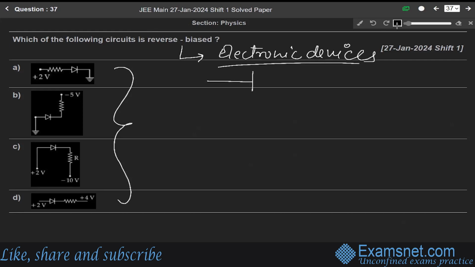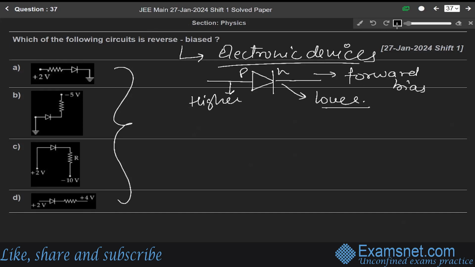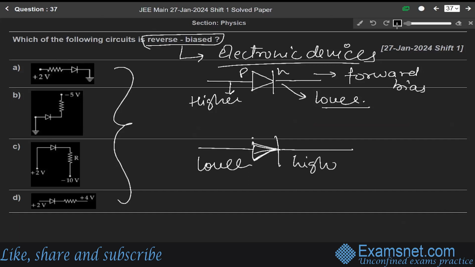So students, you all know this is forward bias, this is P side, this is N side. Forward bias means here is higher potential and here is lower potential. And reverse bias means lower and higher.